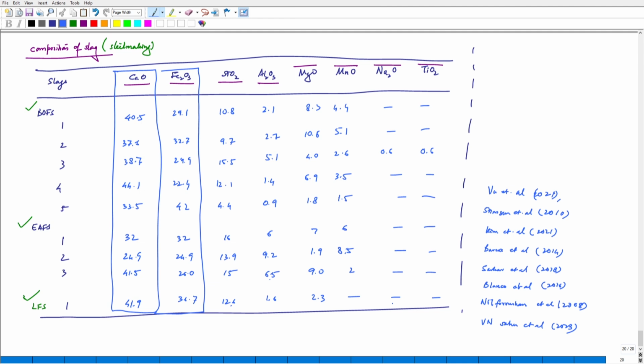And many a times in many of the articles and books, there is the ternary diagram of CaO, Fe2O3 and SiO2. And of course, the ends can have Al2O3 at times, but CaO, SiO2 and Fe2O3 are usually the three phases for the ternary phase diagrams, which explains why these phases are so important and so widely studied.